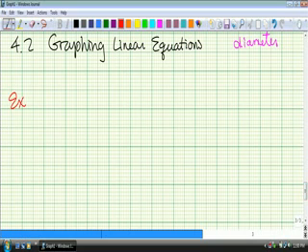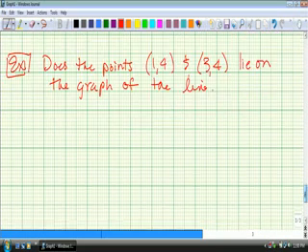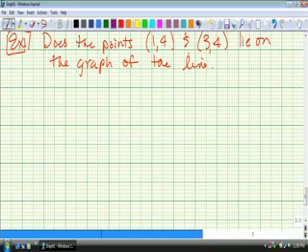So, first example is going to say, does the points (1, 4) and (3, 4) lie on the graph of the line? And I'm gonna draw the line.